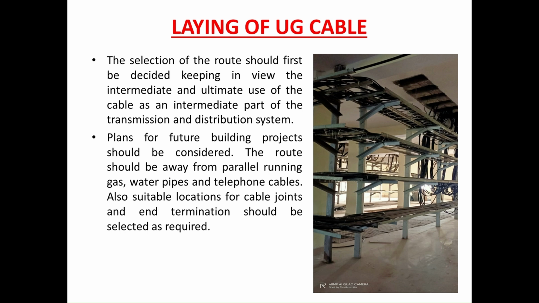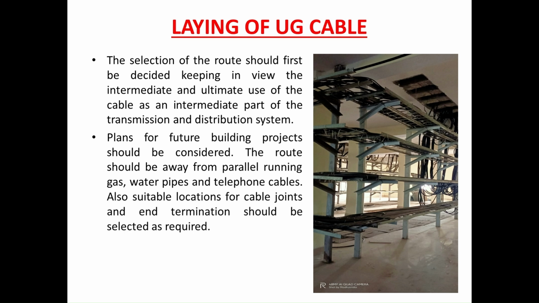Here you can see a diagram of the cable vault, the cable room underneath the control room. The cable coming from the switchyard enters the cable vault, and then is segregated and routed to the control room. The selection of the route is very essential and it has to be cost effective also.